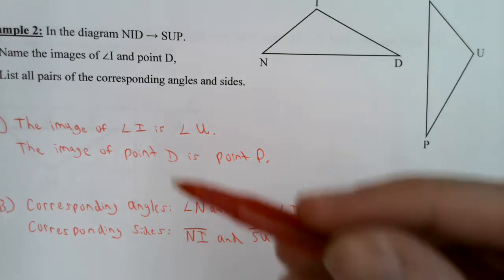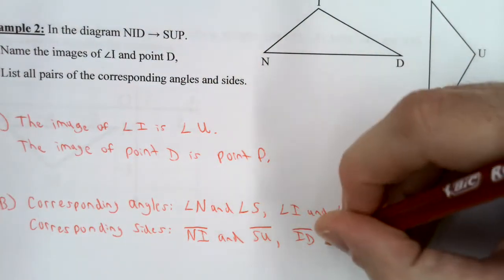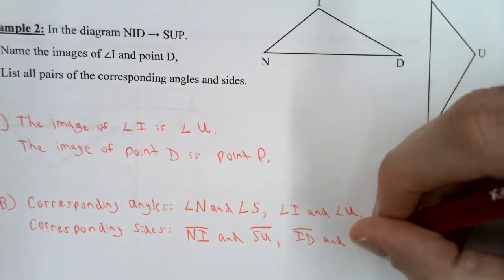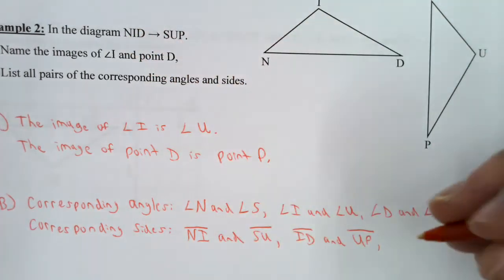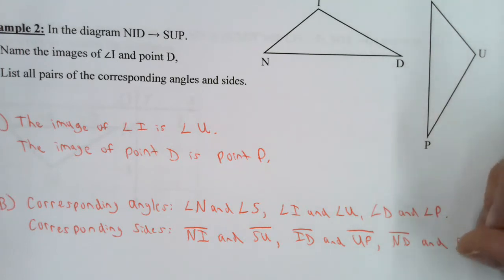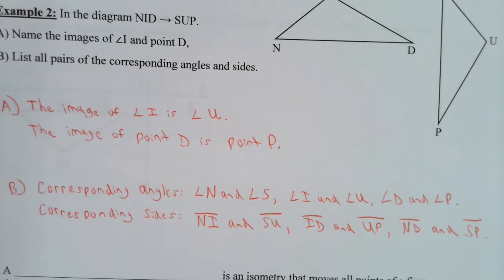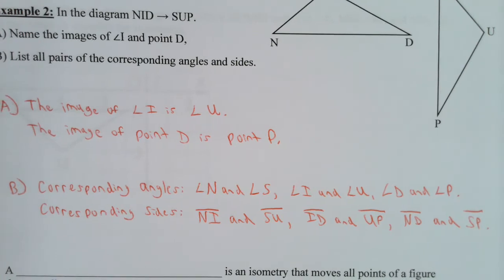ID, second and third, corresponds with UP, second and third. And then ND, first and third, corresponds with SP, first and third.